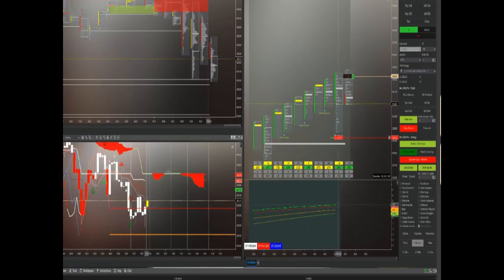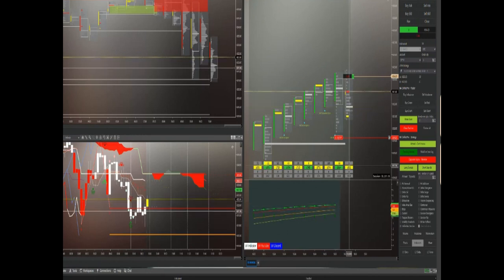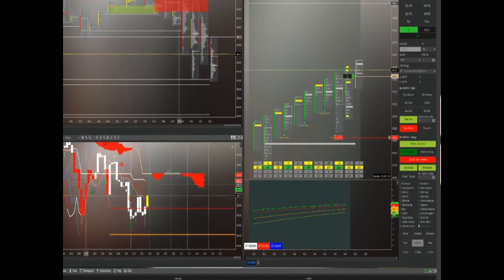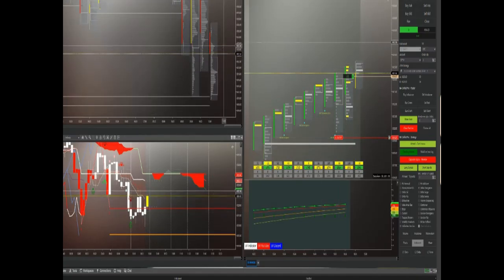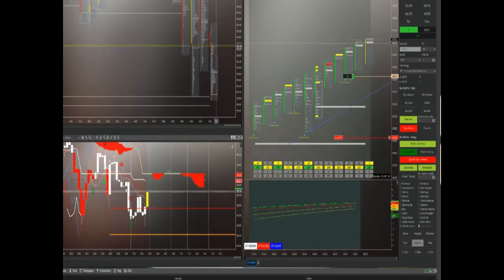Still got a little room here. Looking here, we probably want to be careful when we get about here, and that's where we need to guard.